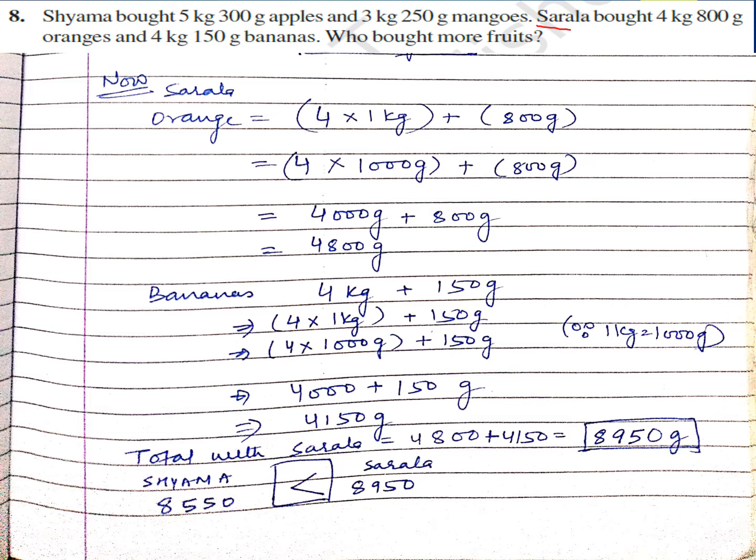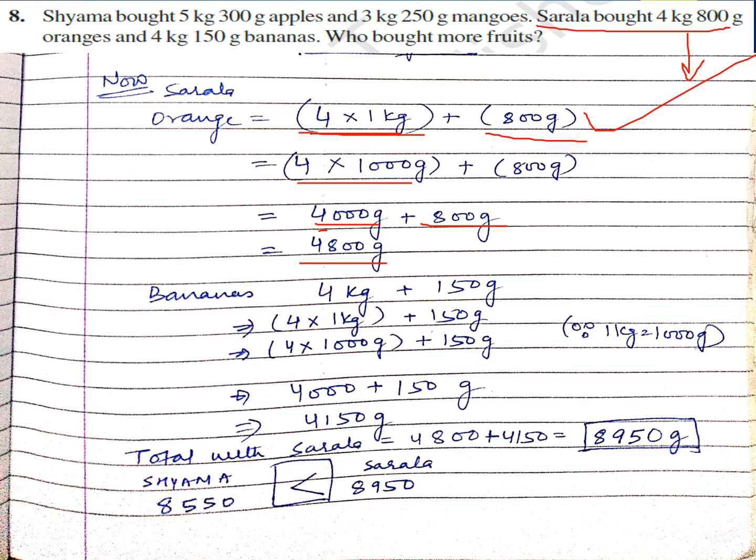Now Sarla bought how much? 4 kg 800 grams. Again, I will convert this completely into grams. Simple thing. Can I write this like this? 4 into 1 kg plus 800 grams. Same thing. And this 4 into 1 becomes 4 into 1000 grams. So 4000 plus 800 grams becomes 4800 grams of oranges.